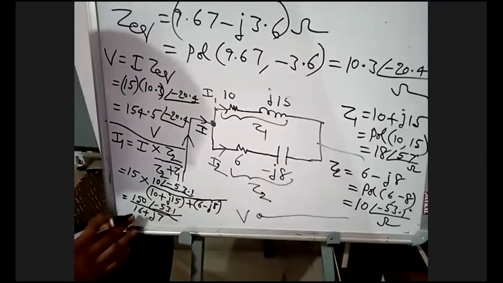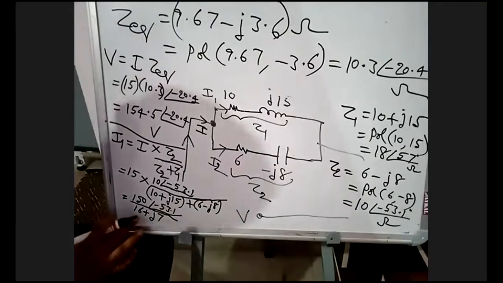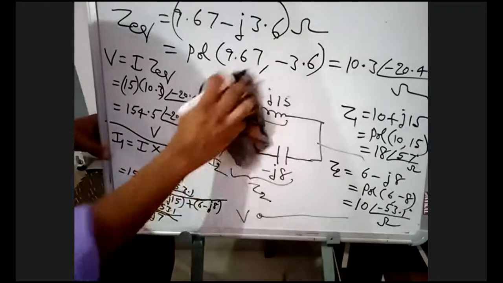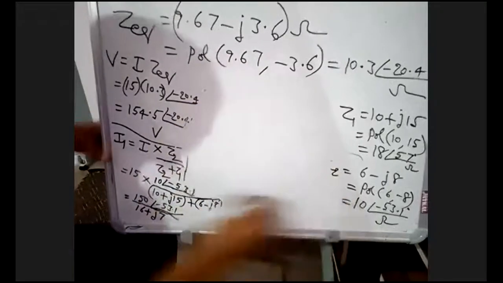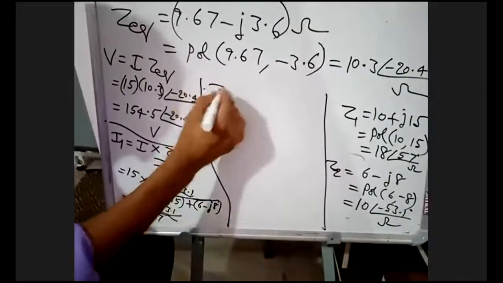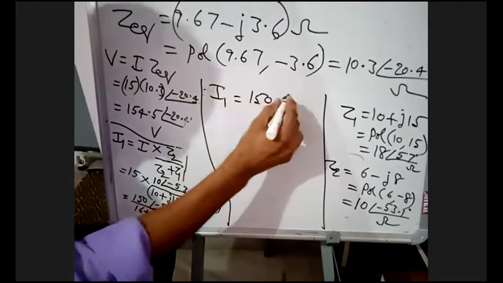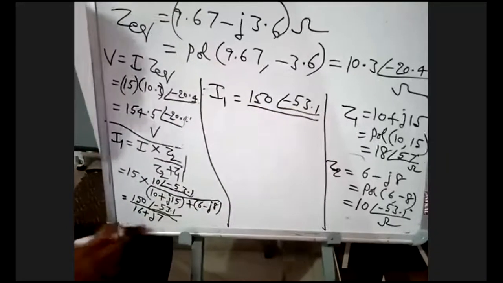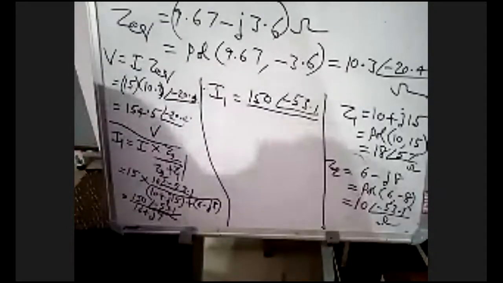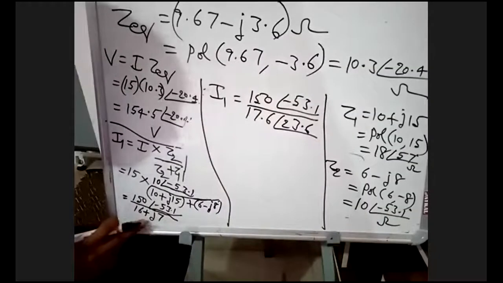Now convert this denominator into polar form. I1 is equal to 150 at an angle minus 53.1 divided by the denominator. Convert 16 plus j7 into polar form: POL 16, 7. How much? 17.6 at an angle 23.6, because here plus is there.